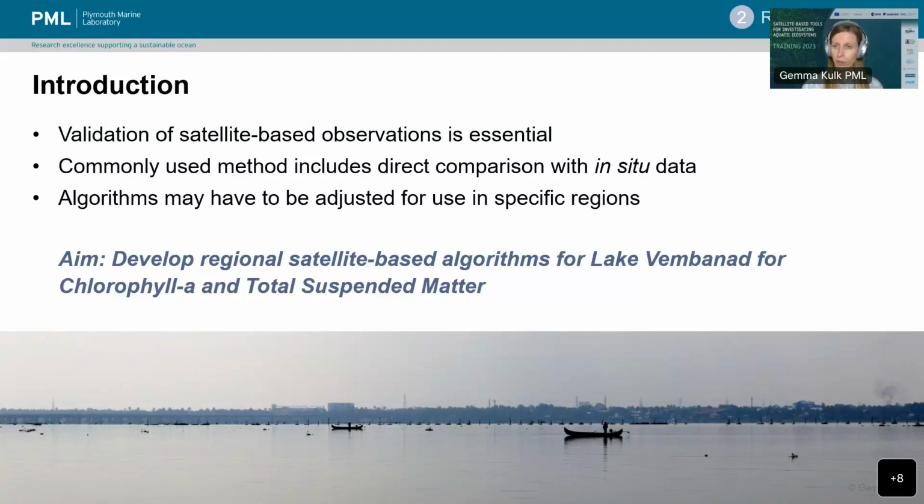There are different approaches to validating satellite observation, and a common approach is the direct comparison of satellite data with in situ observations, in which the in situ data is matched to satellite observations at the same time and the same location. With statistical analysis of the match-up data, we can then determine whether there's a good fit between in situ and satellite data or a poor fit.